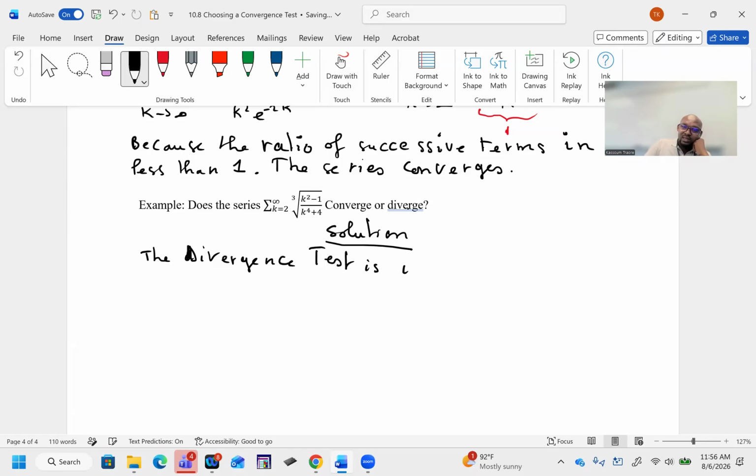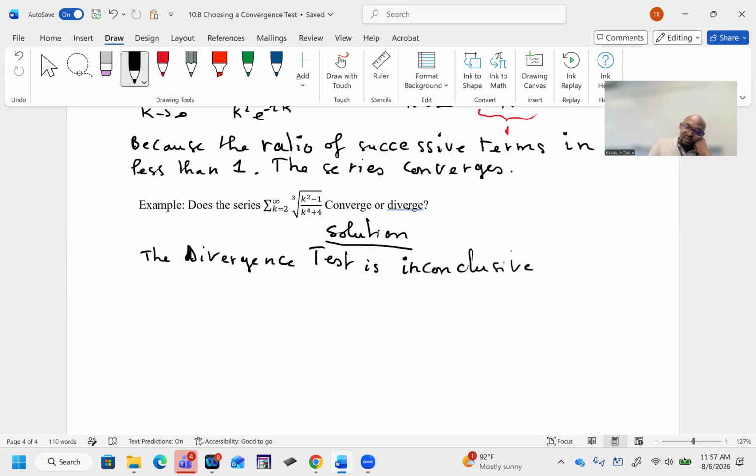And we rule out the integral, ratio and root tests as impractical, so you cannot use those. We are left with a comparison test. The end behavior of the general term is determined by working with the leading term.